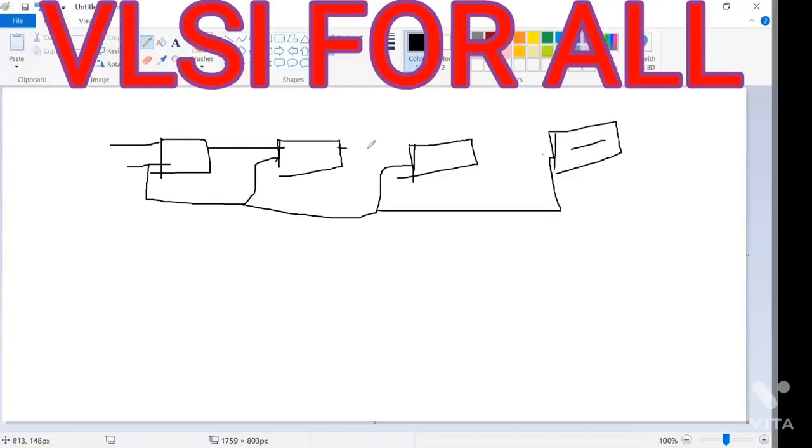Hello, sir. That screen is not visible, sir. We are stuck on that slide. Sir, are you drawing somewhere? Yes, is the screen visible now? No, sir. Can you see me scribbling on the paint screen?